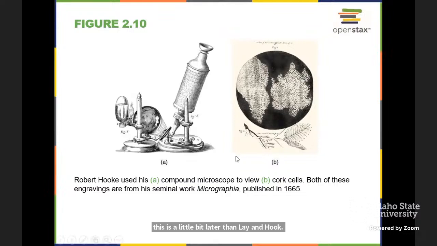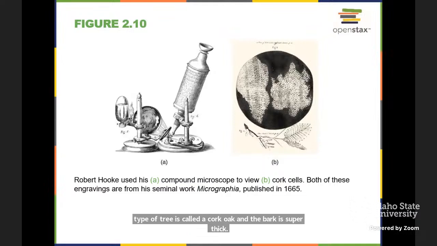Robert Hooke, he's the one that gives us the name cells in the first place. All right. He took a chunk of bark from an oak tree, and the type of tree is called a cork oak, and the bark is super thick, and that's where corks come from, the bark of those trees.